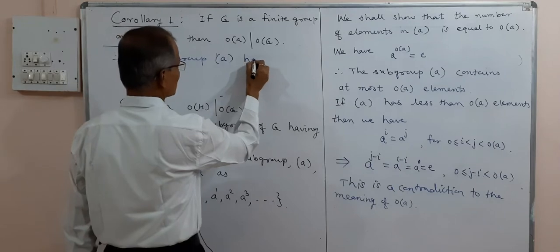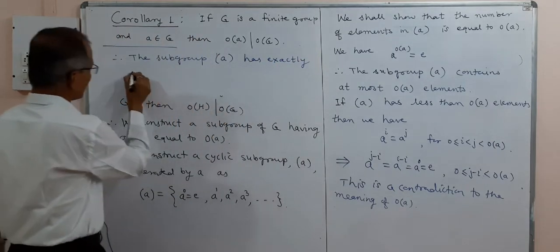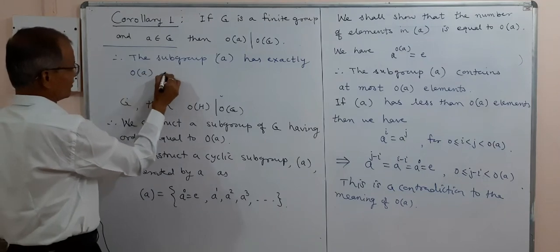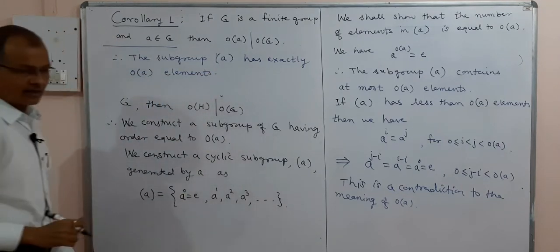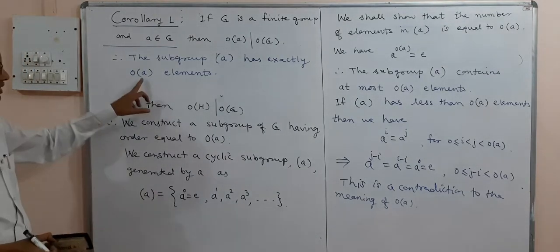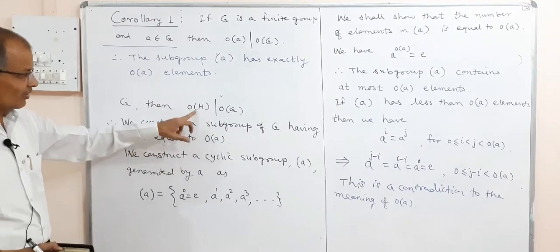H has exactly order of a elements, that is, the order of this subgroup is equal to order of a, and thus order of H is equal to order of a.